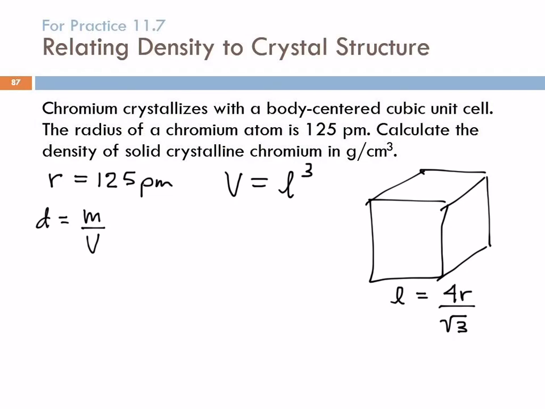So let's convert this to centimeters. So I got picometers on the bottom, meters on top, and then I want centimeters on top and meters on the bottom. It is possible to convert directly, but I don't think that's a wise thing to do.